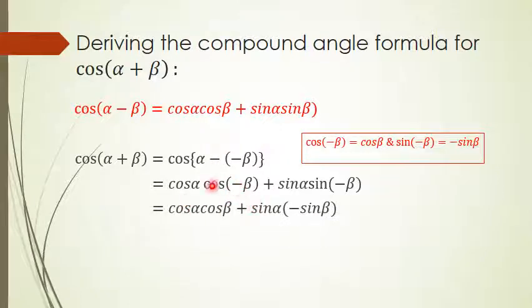Where there was cos minus beta, we put cos beta, and where we had sine minus beta, we put minus sine beta. Multiplying out the bracket here, plus sine alpha multiplied by minus sine beta gives us minus sine alpha sine beta. So that is the compound angle formula for cos alpha plus beta.